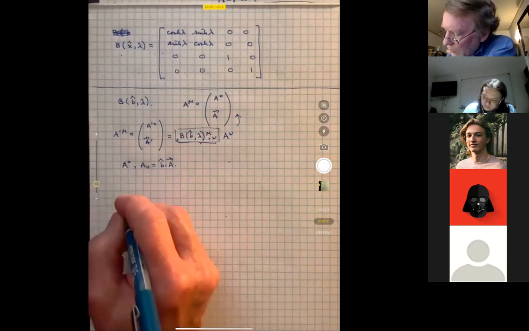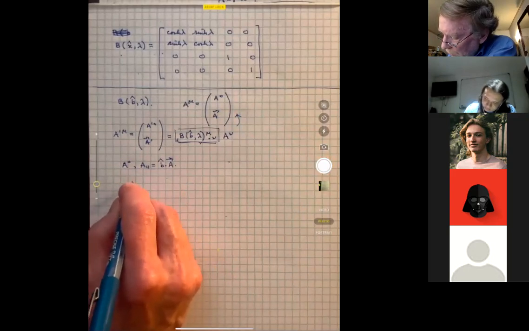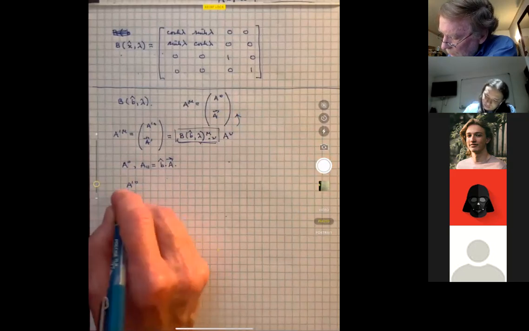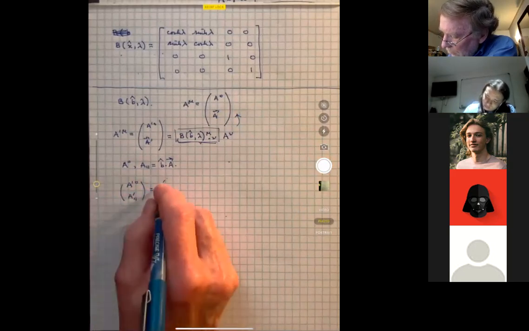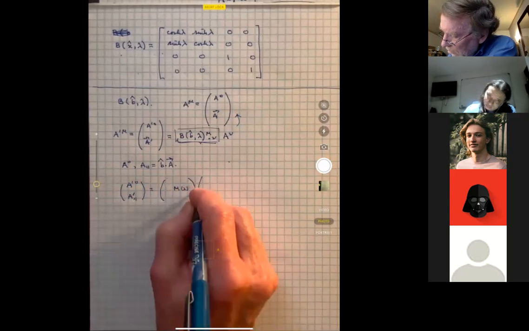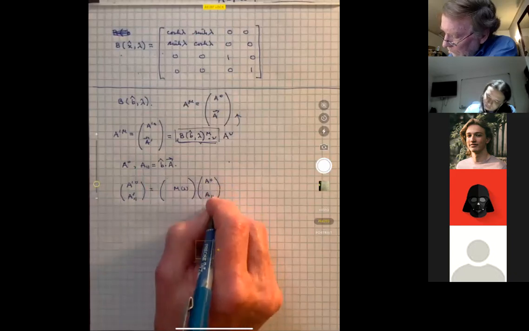And so the transformation law is this: first of all we have a little 2 by 2 matrix. We have a prime 0, and then a parallel prime, is equal to that same M of lambda matrix multiplying onto a0 and then a parallel without the primes.